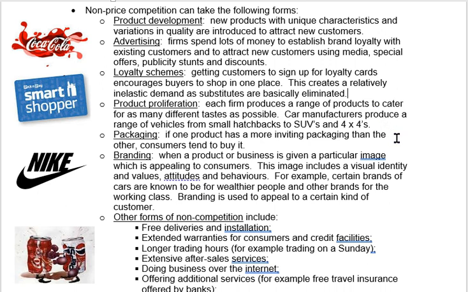Okay. Then they can also do product proliferation. Product proliferation means that a business produces a range of products, again, to cater for as many tastes as possible. The car manufacturers are very good with this. They basically produce a range of vehicles. They've got a small funky car for your entry-level student buying a car for the first time.